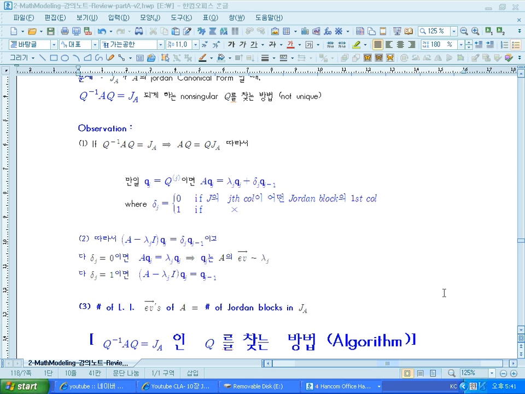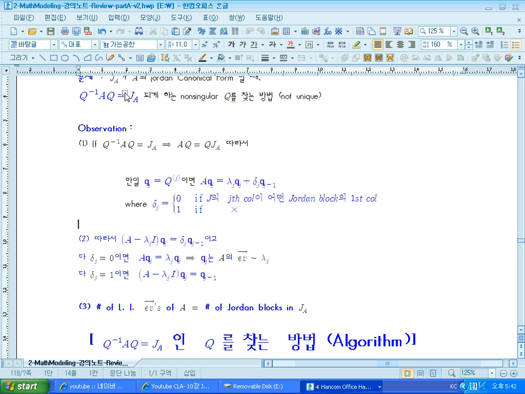So I explained how to make this algorithm to produce the generalized eigenvectors for each of the distinct eigenvalues.